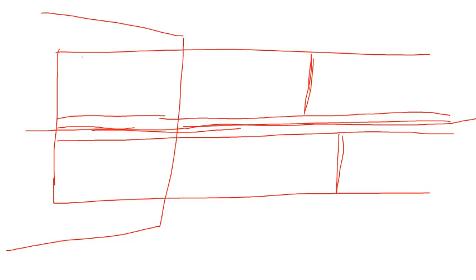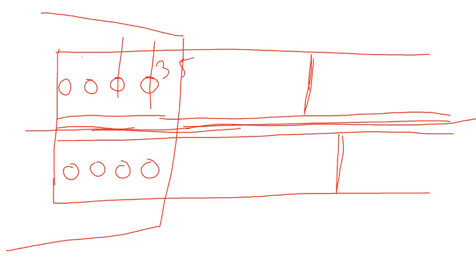So we have the 8 rivets. Let's use 4 for the one and 4 for the second. I'm sorry, it should be like this. Here the edge distance should be 35 and the pitch between successive rivets should be 45. Here I missed a little bit, but it should be about 35.